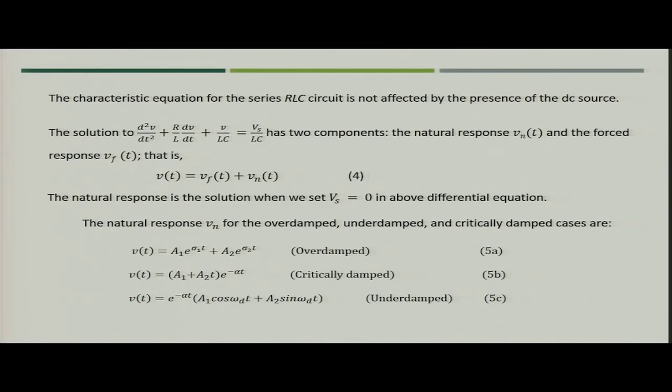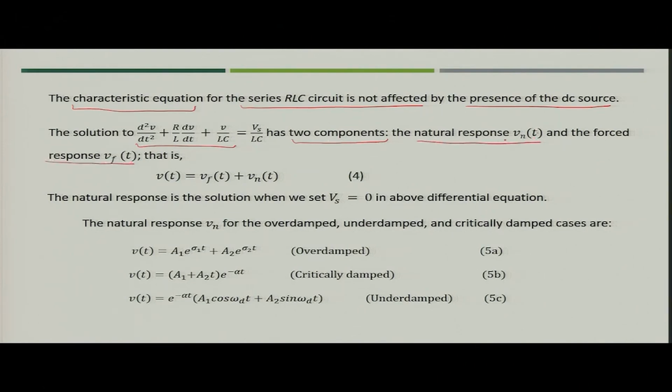Now, when you compute the characteristic equation, it will not be affected by the presence of the DC source. So, you can see the solution of this equation can be divided into two parts, means it will have two components, one is natural response and other is forced response.